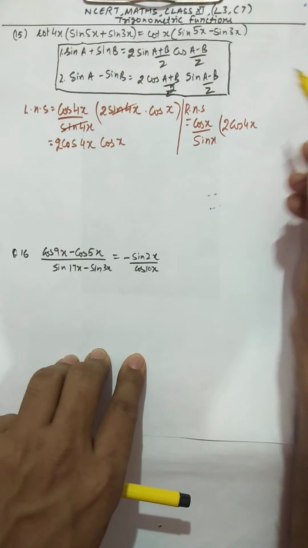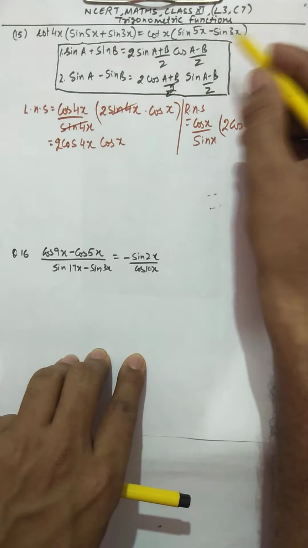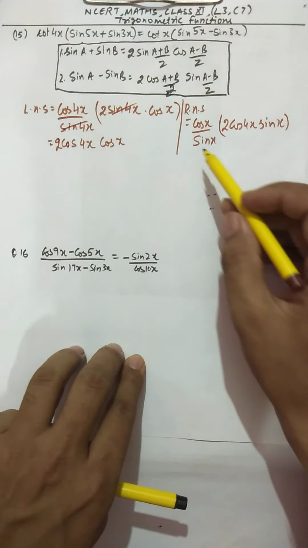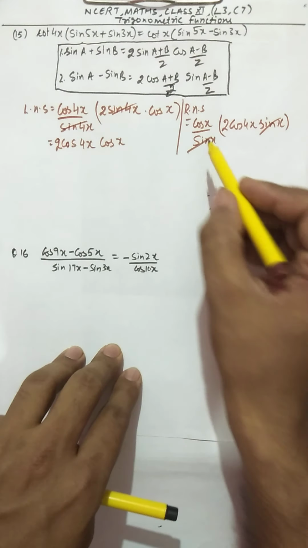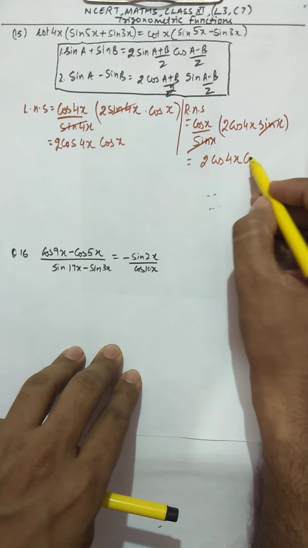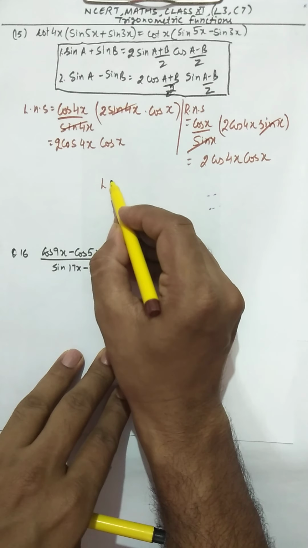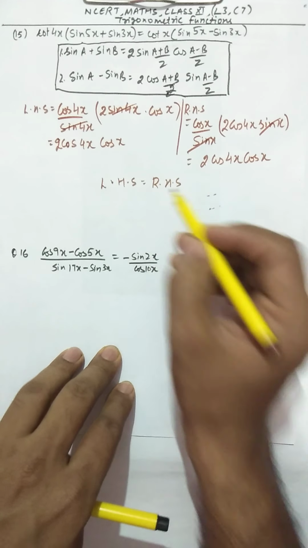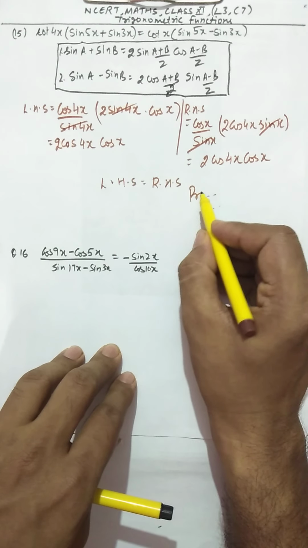Next is sin((5x−3x)/2), 2x divided by 2 is x. So this sin x got cancelled, and this has come as 2 cos 4x into cos x. So you can see that you have proved that LHS and RHS both are equal. So your result is proved.